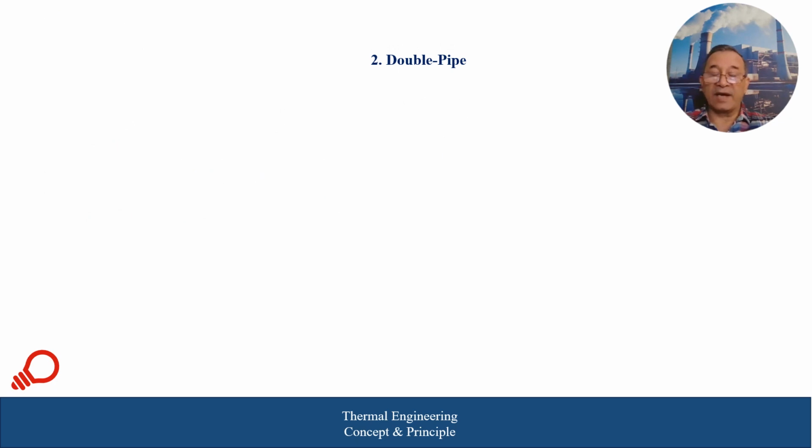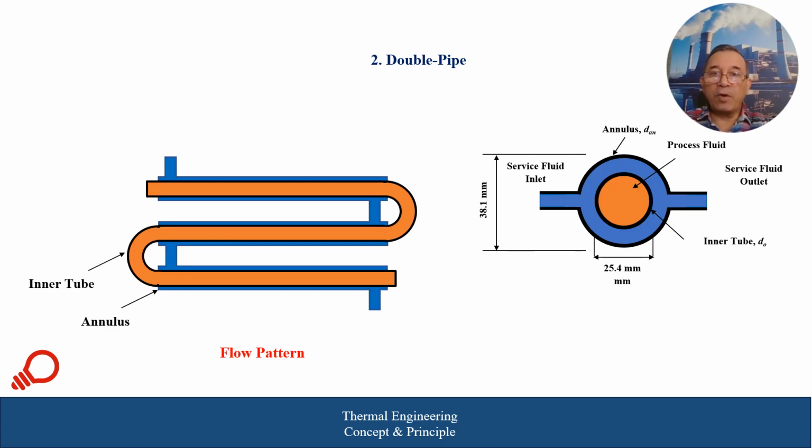The second type of heat exchangers is the so-called double pipe heat exchanger. In general, it is an easy construction for this type of heat exchanger, where we have two tubes, one inside another. The external is called the annulus, and the internal is usually called the inner tube.